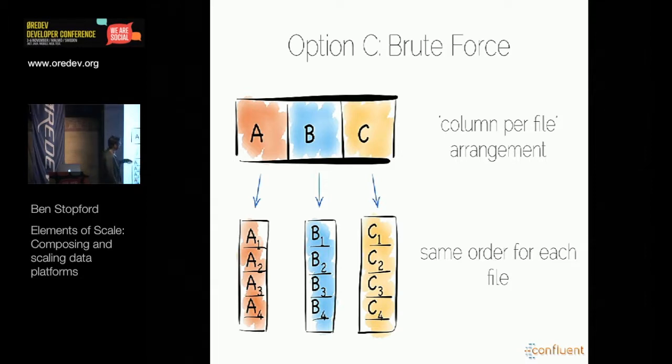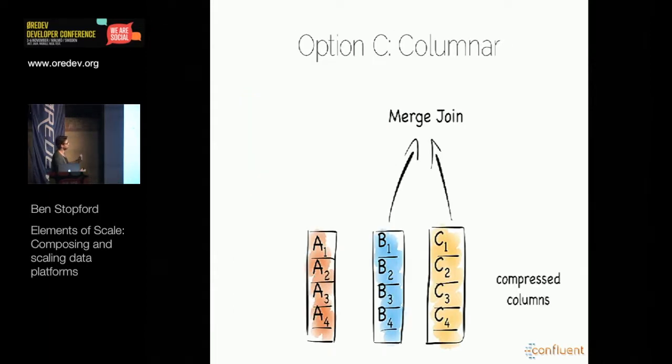Well, the answer to that is to do with this second point here. In a columnar database, one of the most important factors is that all the rows exist at the same offset within the file. The reason for that is it allows us to get very good merge performance when we bind these data back together.